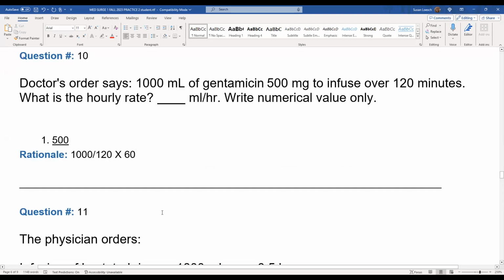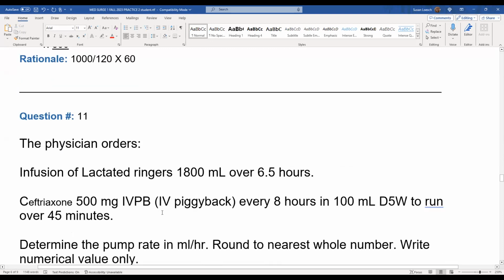Okay, everybody's good with those ones? Yes. All right, this is the med surg one I'm going over now.